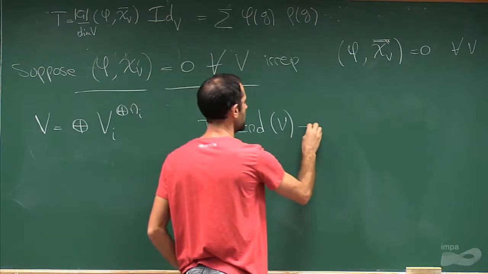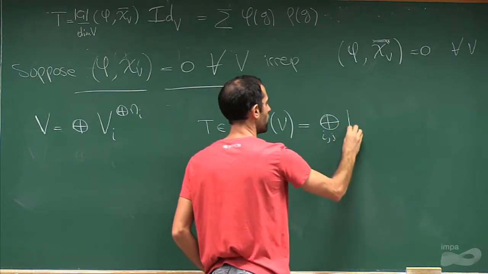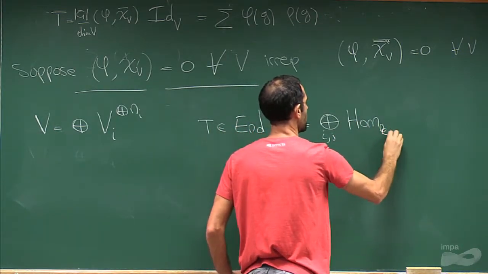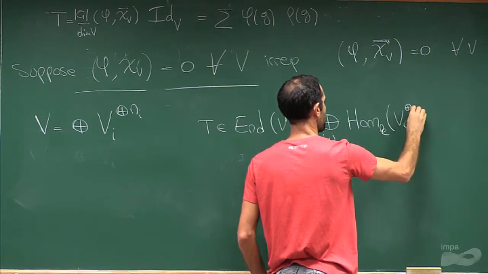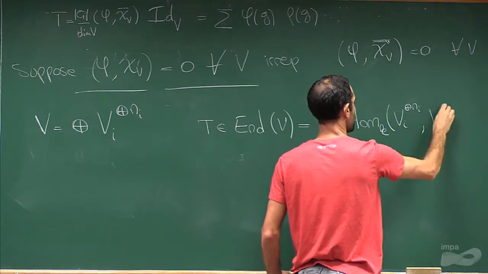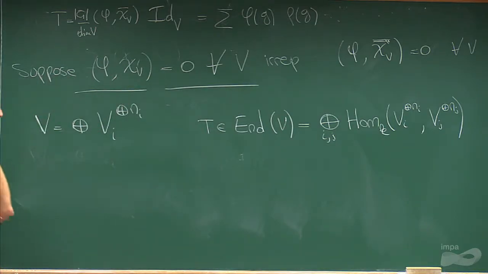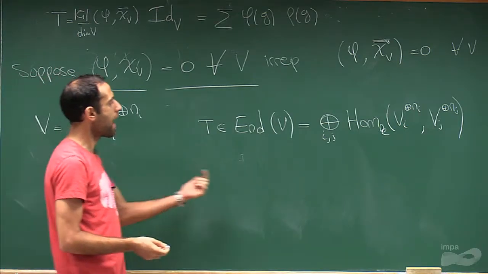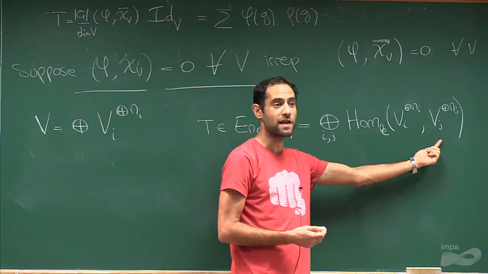As a vector space, it clearly is the same thing as a direct sum over i and j of linear morphisms from Vi to the Ni to Vj to the Nj. That's just any linear endomorphism between direct sums of spaces. Now, for every i different than j, there are no morphisms between Vi and Vj that are different than 0.